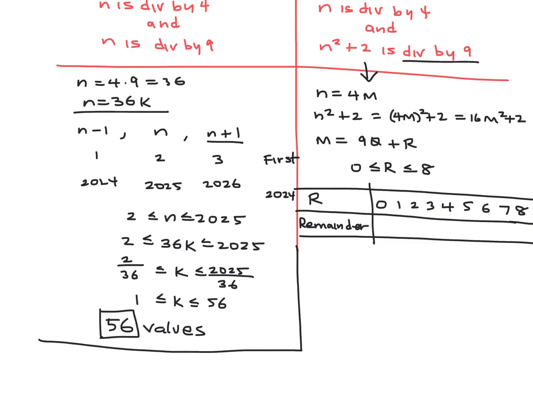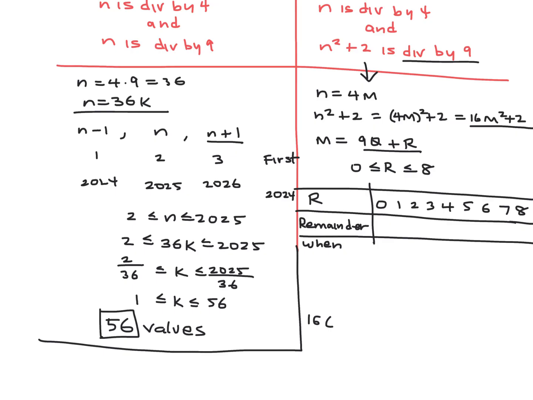And then the remainder when 16r squared plus 2 is divided by 9, but first let's show that. Actually, we need to show the math there. So this guy right here, we got to plug in the m, otherwise it won't make any sense.